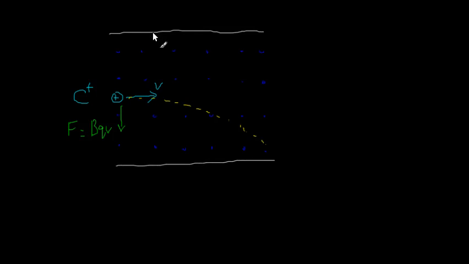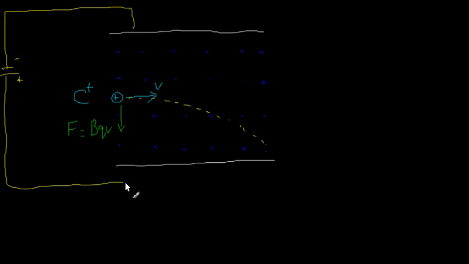I'm going to connect a voltage across these. So it might look something like this. Let's say I have a minus and a plus here. So that's connected.